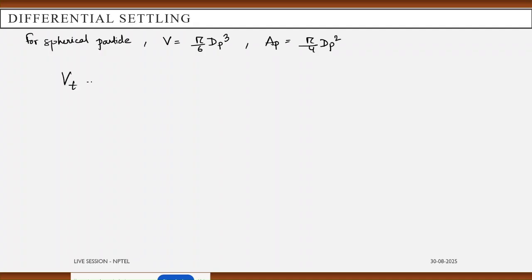So the equation becomes the root of 4 by 3, rho p minus rho f, g into dp divided by CD into rho f. This is for the spherical particle.